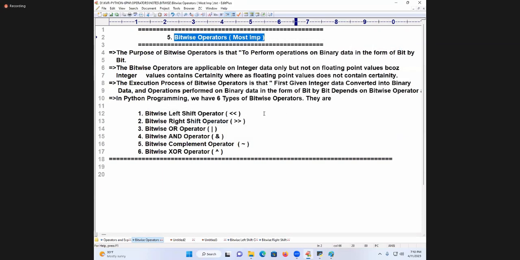Bitwise left shift, bitwise right shift, bitwise OR operator, bitwise AND operator, bitwise complement operator, bitwise XOR operator. Don't run the class like a passenger train. Speak out once again. Spell out.